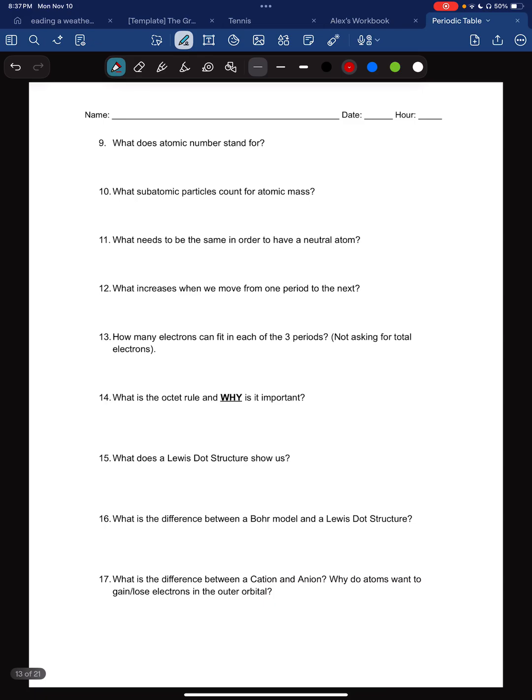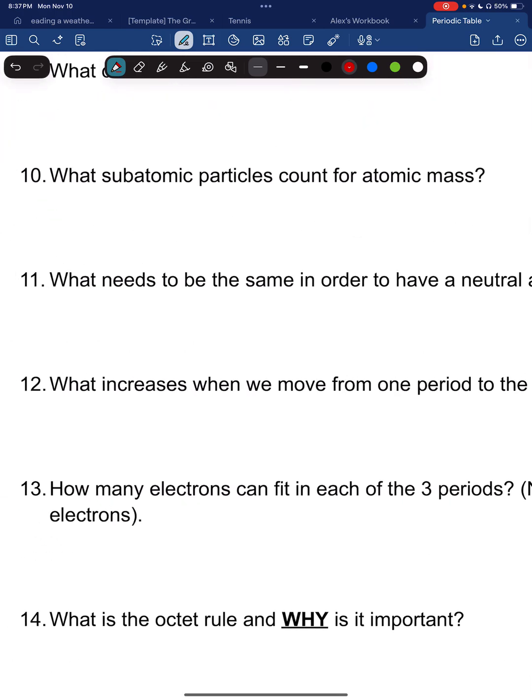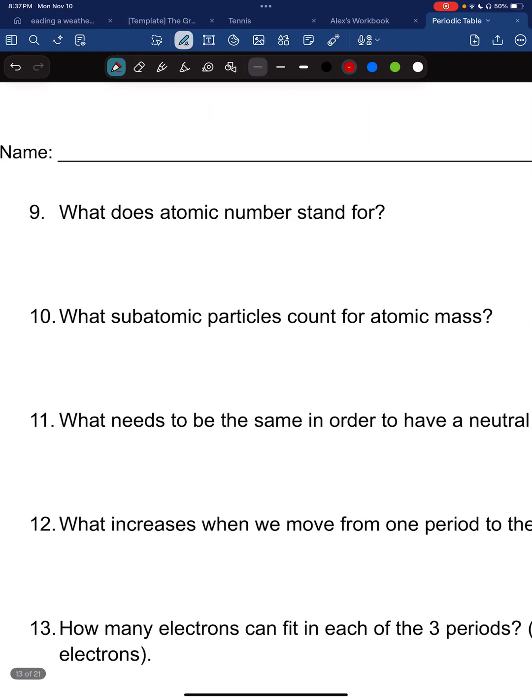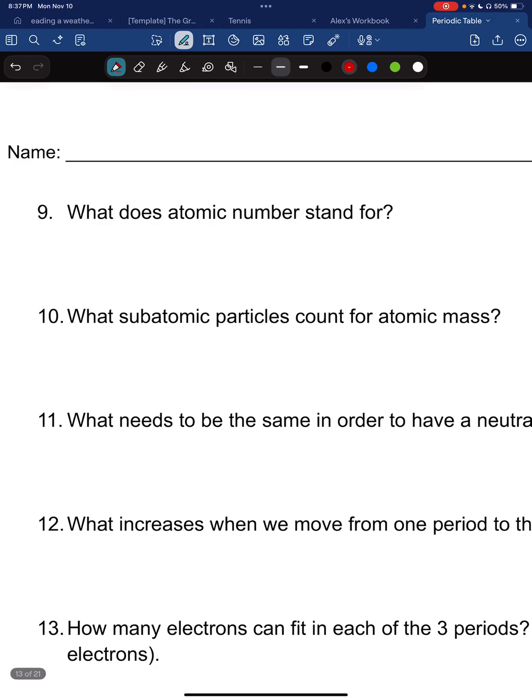All right. Our next part here, number 9. It says, what does the atomic number stand for? Okay. Now the key word here is atomic number. So think of it as what subatomic particle gives the atom its identity.